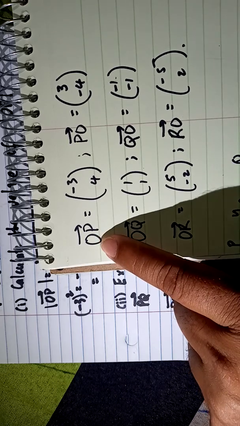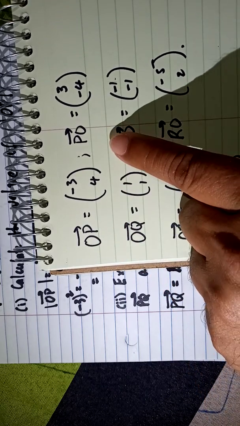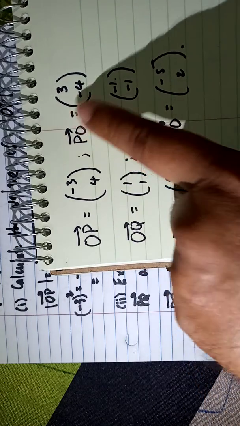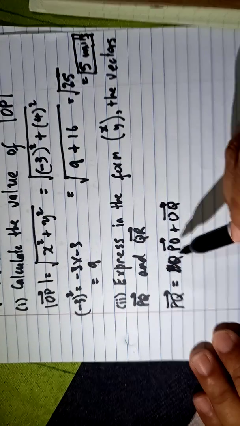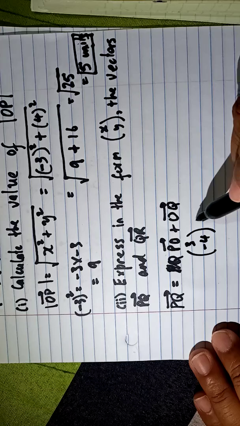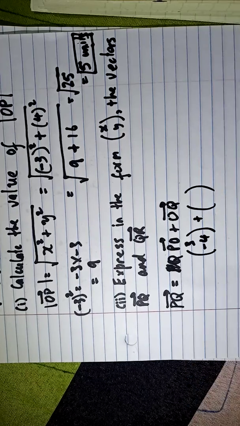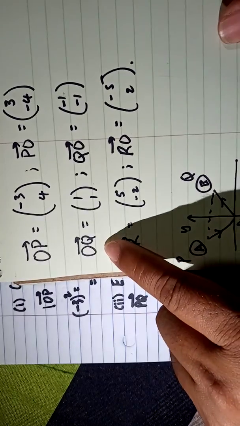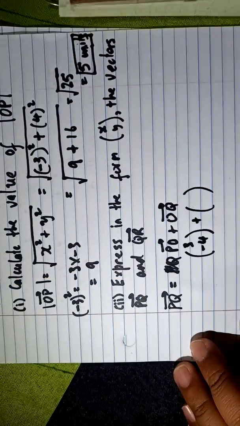PO would be the inverse vector of OP, so PO is 3, negative 4. So we have 3, negative 4, and then O to Q would be 1 and 1.